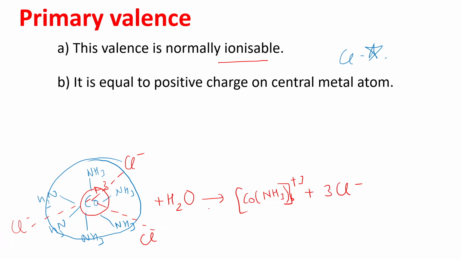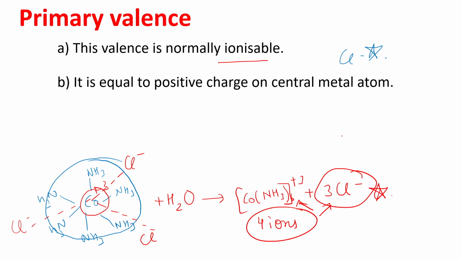So if I add water to a coordination complex, here I'll get a total of 4 ions. One is this one and three are these counter ions. So these chlorides are considered primary valency here, as they are ionizable. They are basically balancing the charge on the central metal ion.